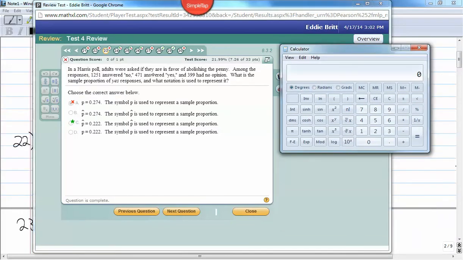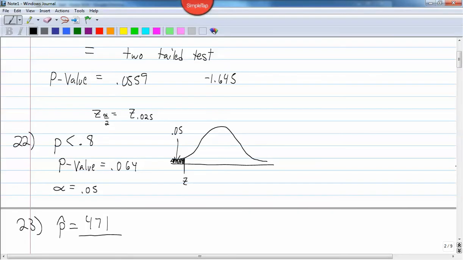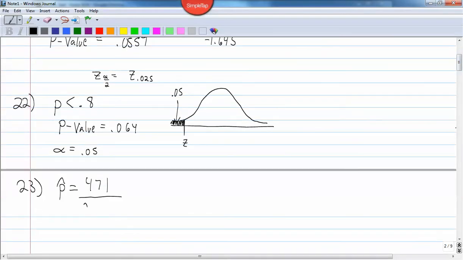And I'm going to add up all of these responses. 1251 plus 471 plus 399. 2121. Okay, so it is 471 divided by 2121.